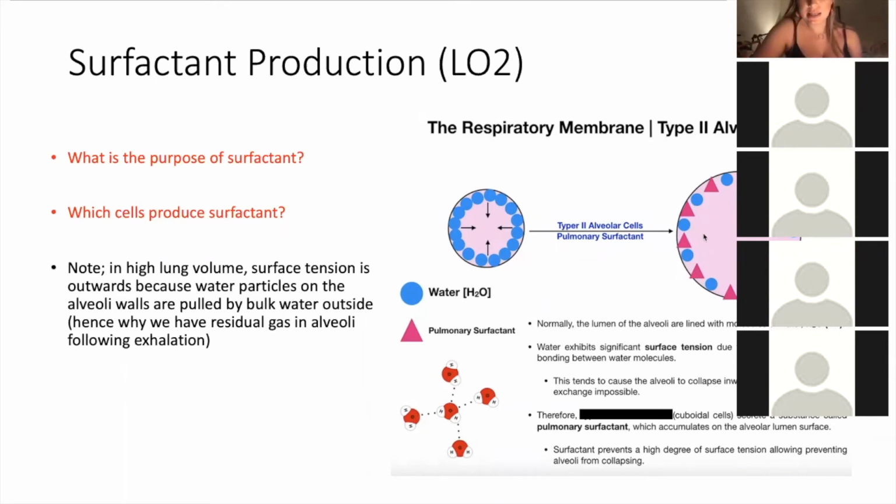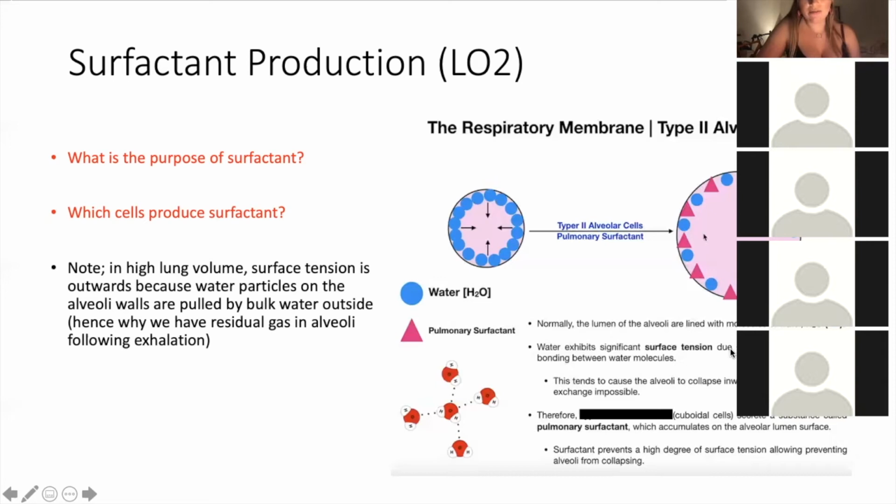So as you can see on this nice diagram on the right, the lumen of the alveoli is lined with molecules of water, and the water actually is what carries the surface tension, as there's intermolecular hydrogen bonding between water molecules. And this surface tension will cause the alveoli to collapse in on themselves. And then obviously you have an impossibly small surface area, so no gas exchange can occur.